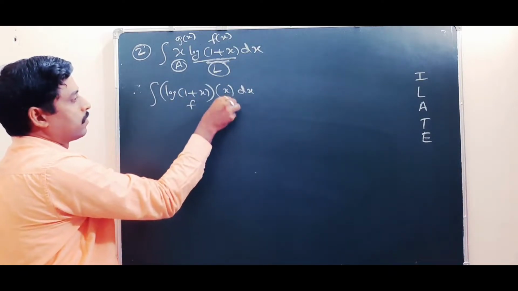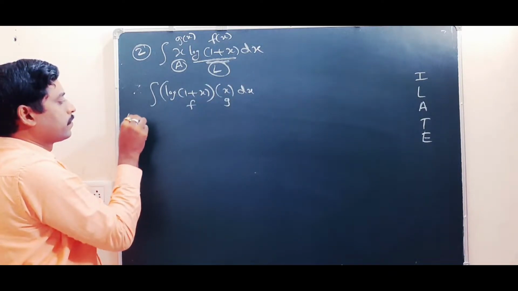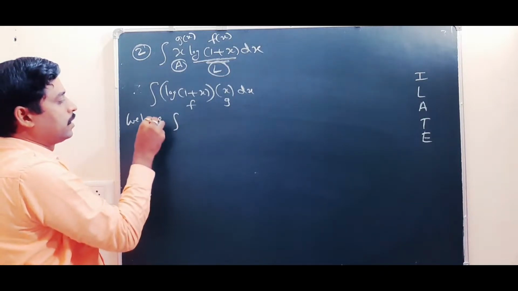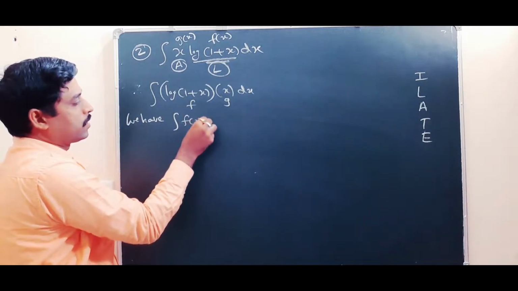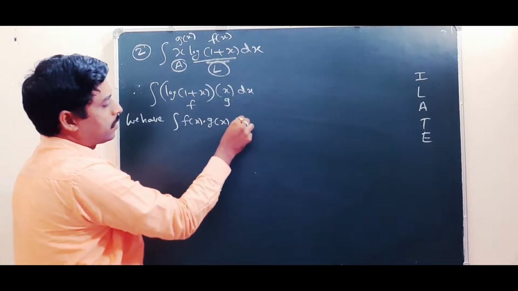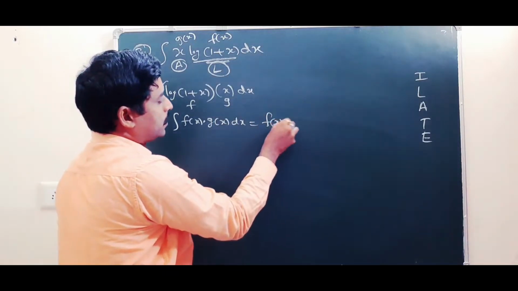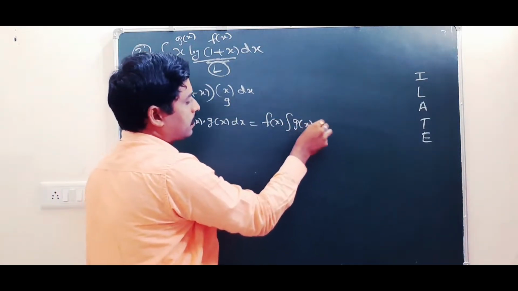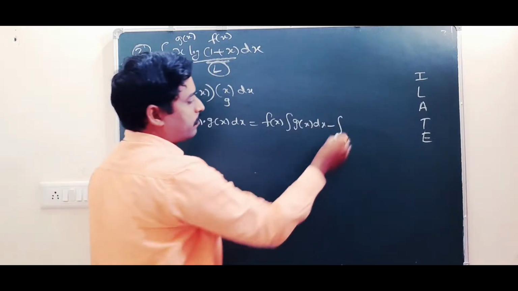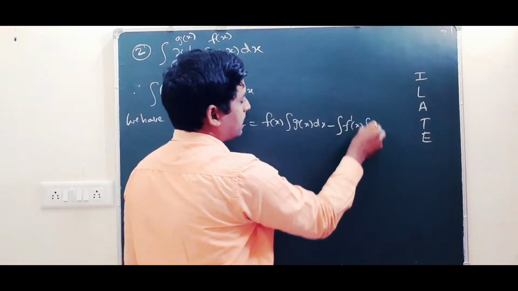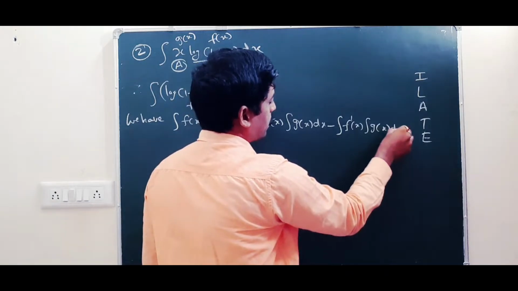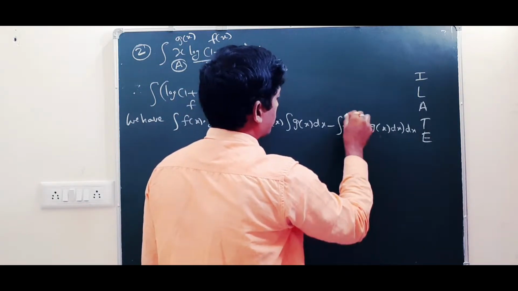We have the formula: integral f of x into g of x dx equals f of x into integration of g of x dx minus the integral of the differentiation of f of x into the integration of the second function, whole integration.